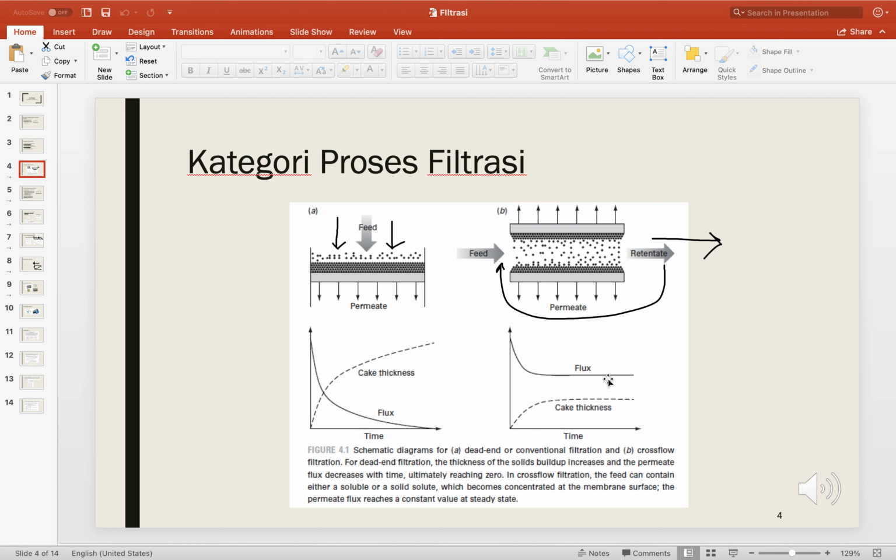As we can see here, in the beginning maybe you can have higher flux by using dead end filtration, but if you want a more stable operation, you can choose cross-flow filtration. But what we have in industry now is mostly the conventional one. It will be different if you talk about membrane process. The membrane process is a filtration system as well, but in membrane process, almost all the operation is conducted in cross-flow mode.